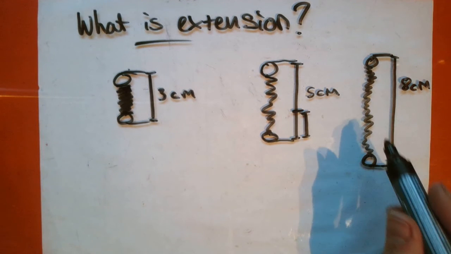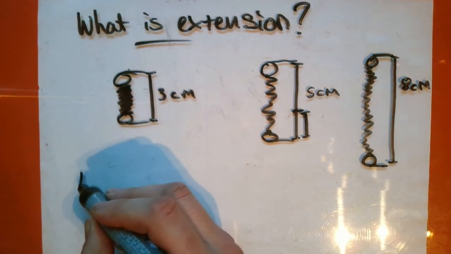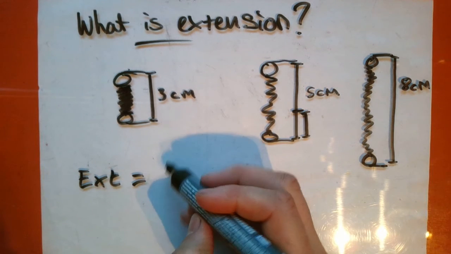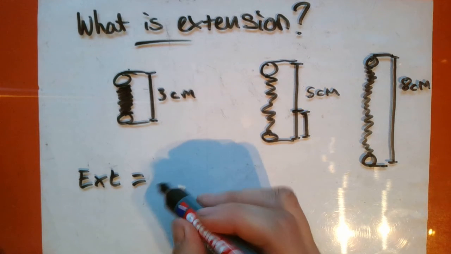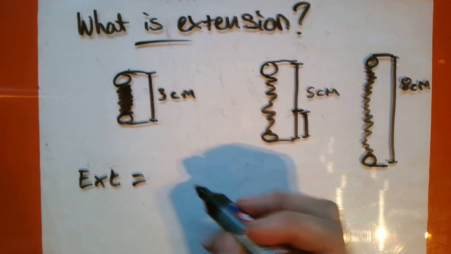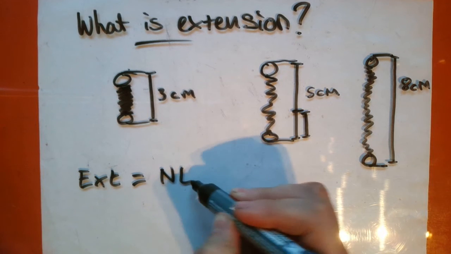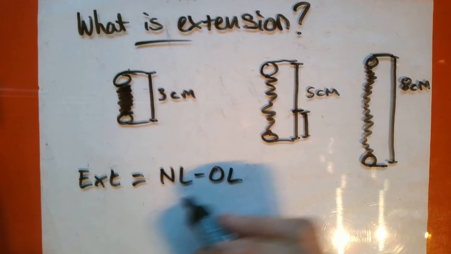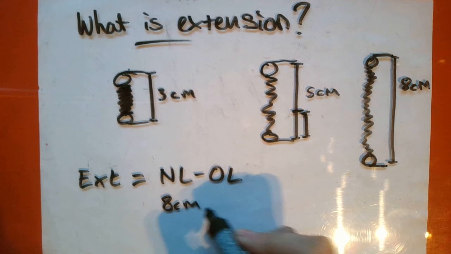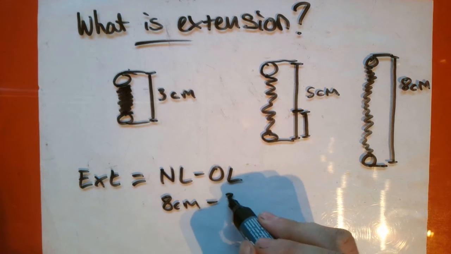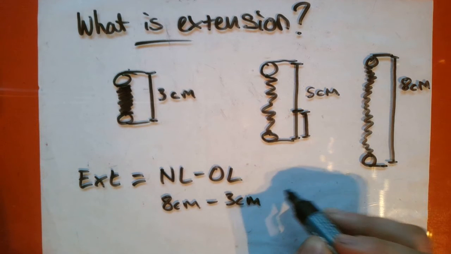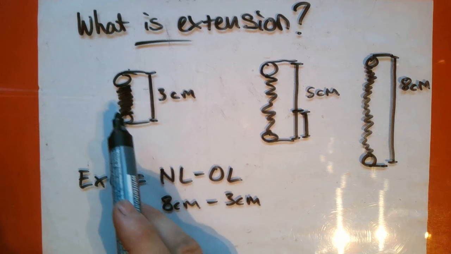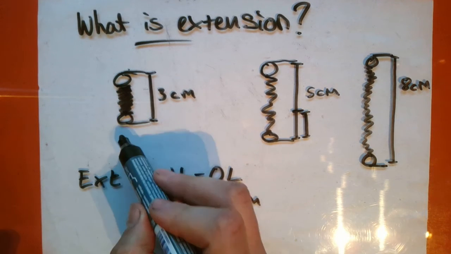Now we're still going to work out the extension of the new one. We're going to do new length take away the original length. So the new length is 8 centimeters, and we take away 3 centimeters because that's the original length. The original length is still what it started off with, no force on it.